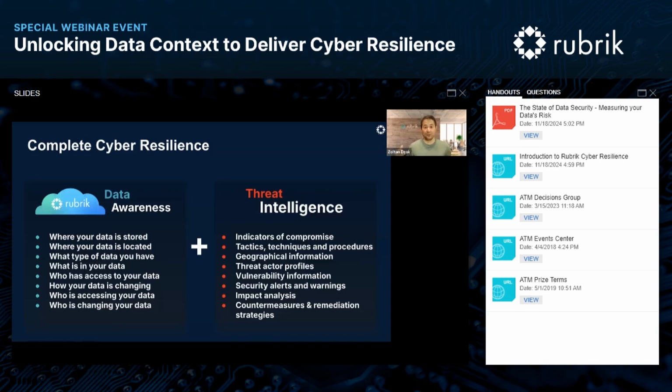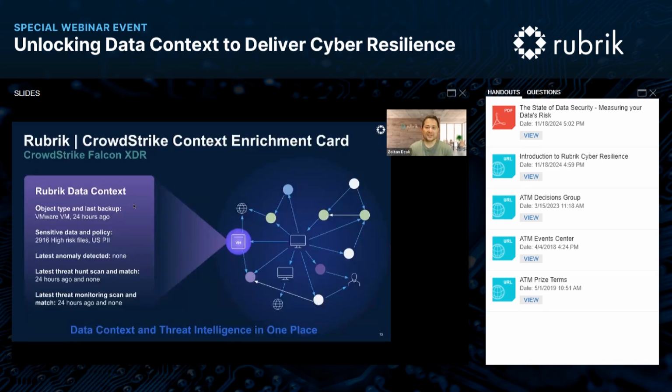So we thought, what if we could combine Rubrik's data context with that type of threat intelligence? That would give a much more holistic view into an attack and the target of those attacks. So customers would be even better equipped to defend themselves. Let's take an example. Let's say a security event is logged into CrowdStrike XDR.